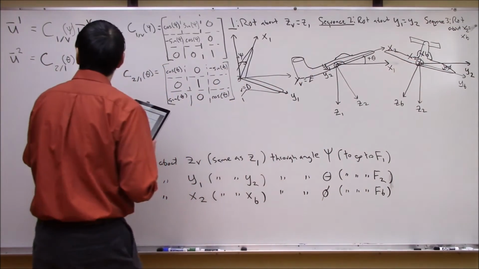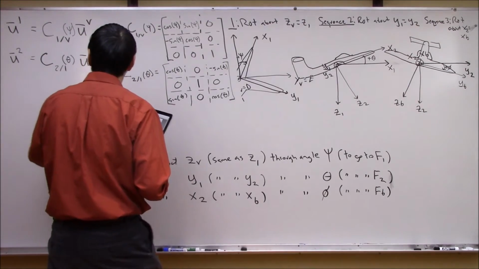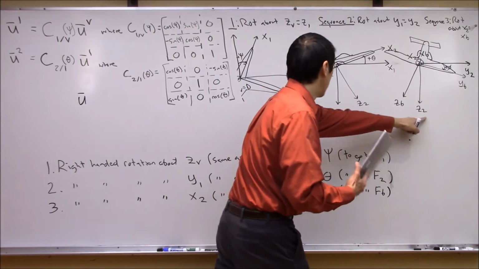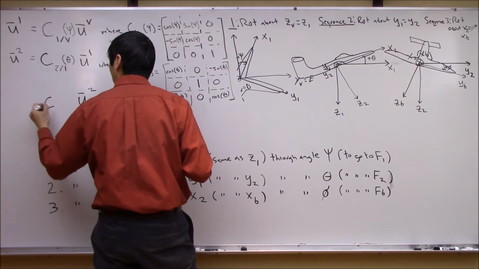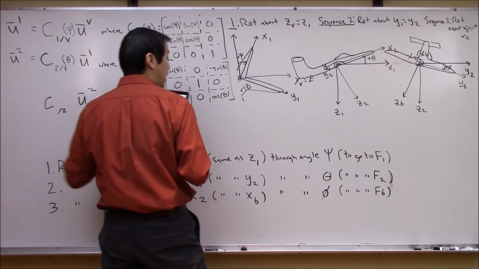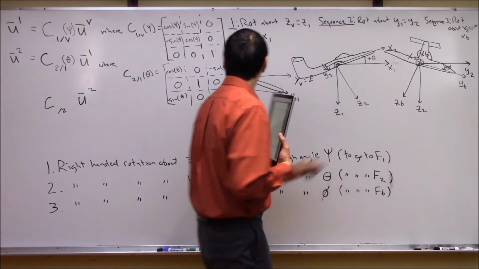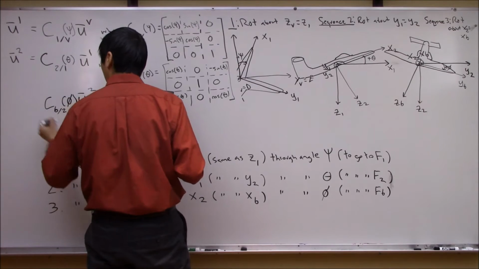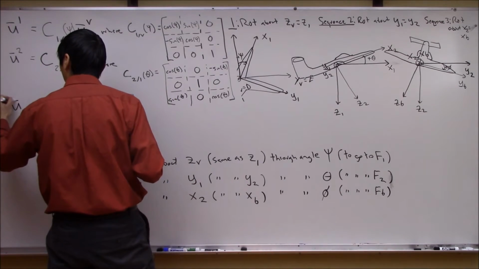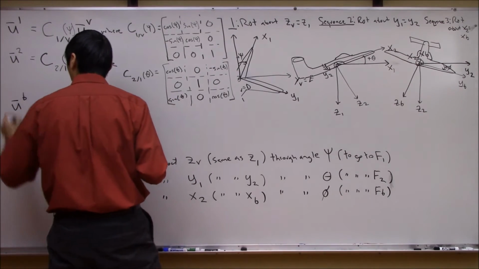So again, I've got a vector now expressed in the starting frame, which in this case is 2, and I'm going to rotate this guy from 2 to the ending frame, which is the body frame, through an angle phi. And that's going to yield me a vector expressed in the body frame.